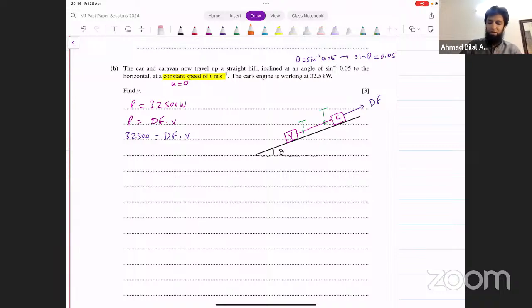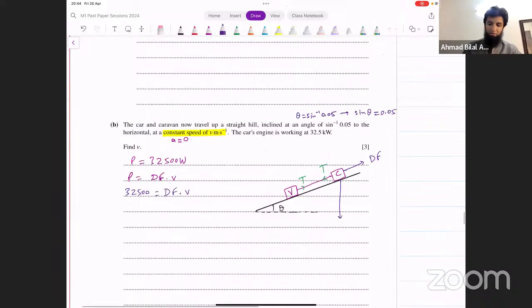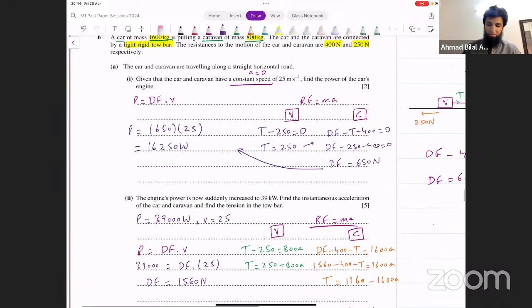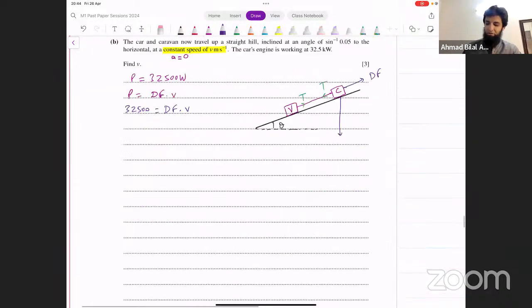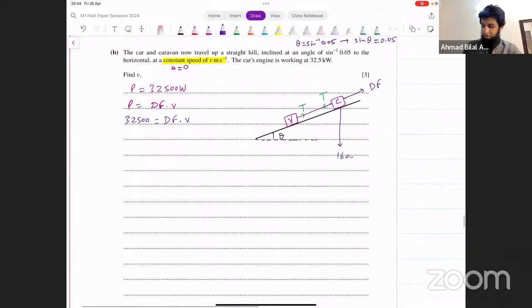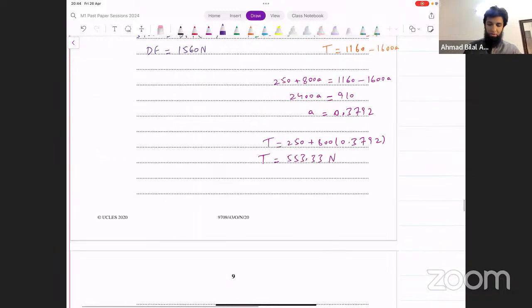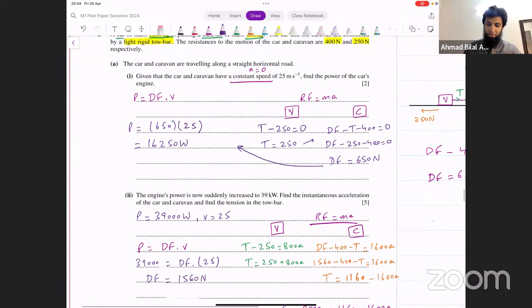So we also have to consider that. Weight of the car, what's that? 16,000 Newton. That's the weight of the car. And we've got the weight of the caravan. That is 8,000 Newton, because its mass was 800 kilograms, right? Yeah.